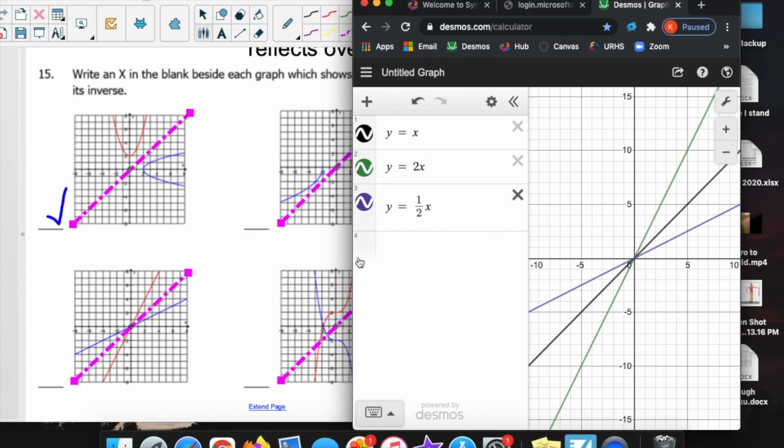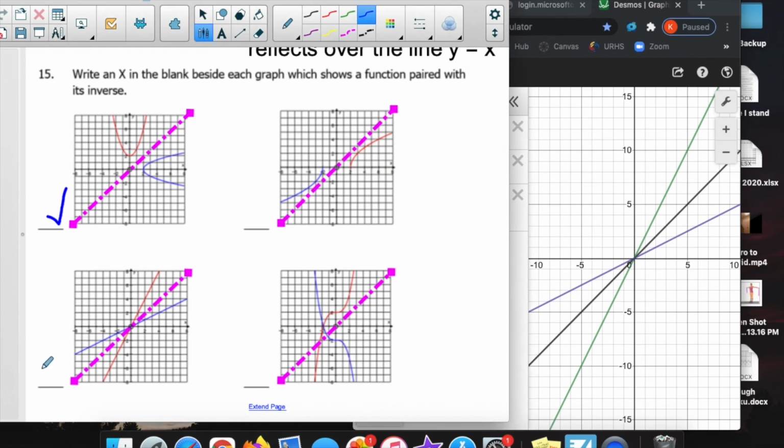But in this case, yes, we do have a good inverse relationship because this does show a line reflected across the line y equals x. I know there are two different sides to this one, but it's the exact mirror image on either side, with both lines meeting at the middle here. So yes, this is a good one, and we could put an X near that one as well.